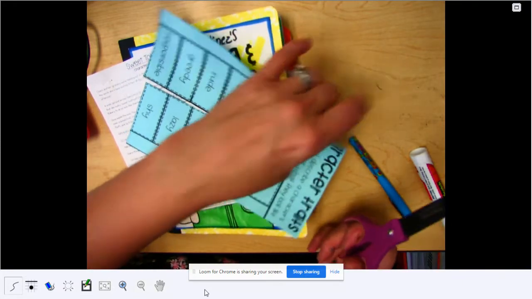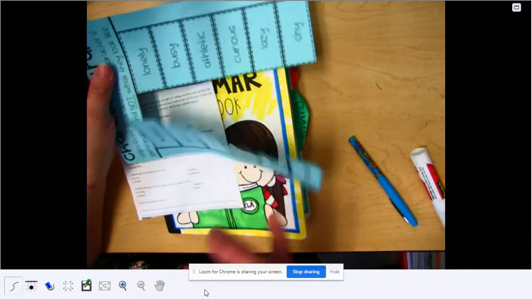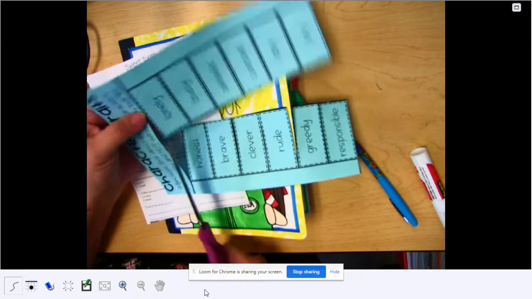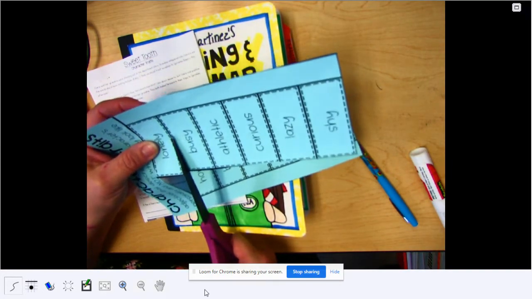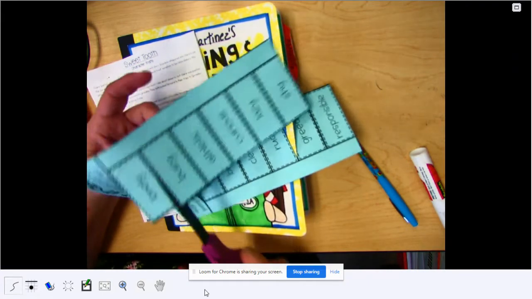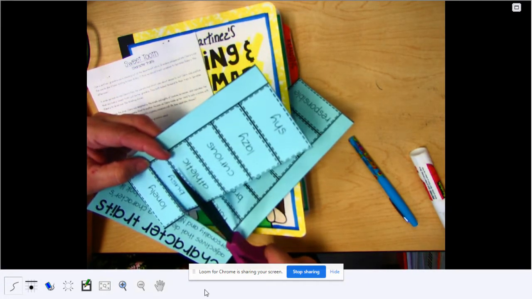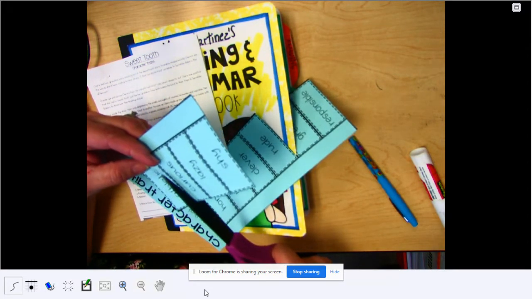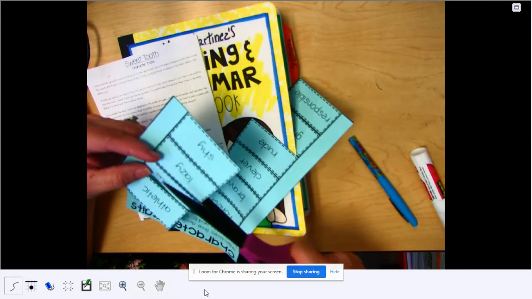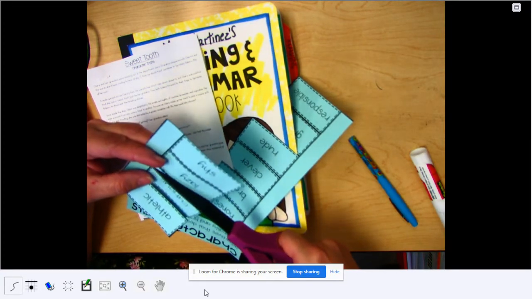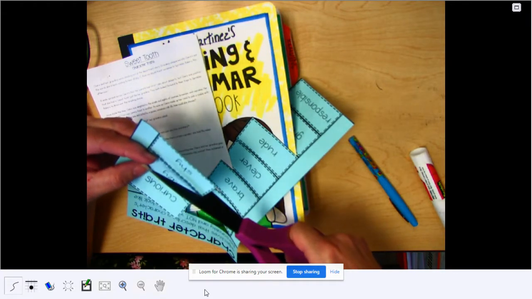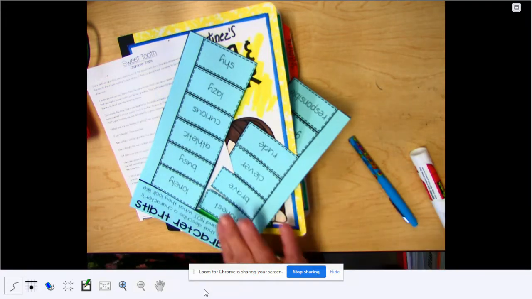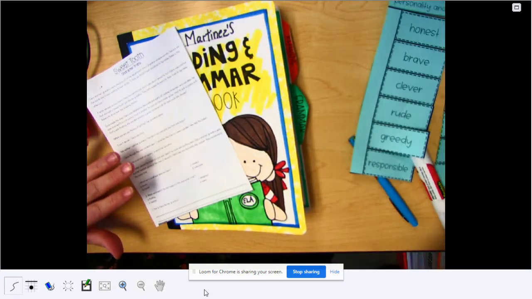Then we're going to flip it over, and I'll go with my scissors just to the side here.